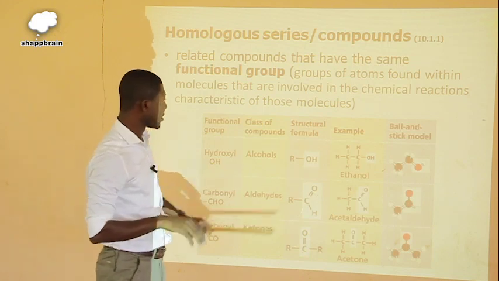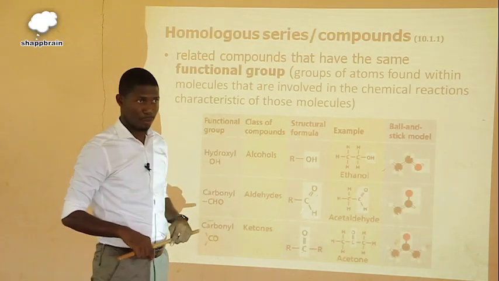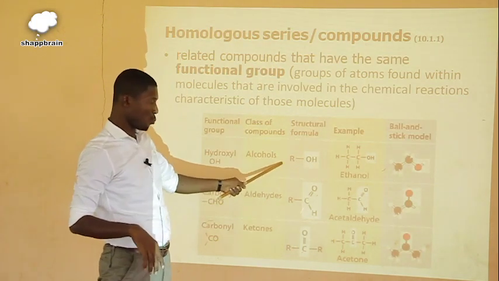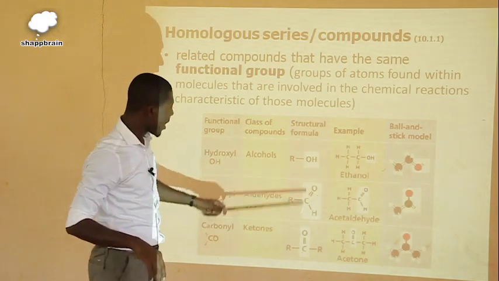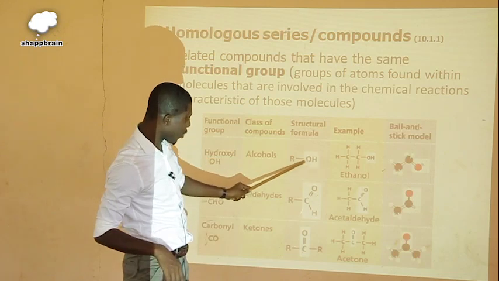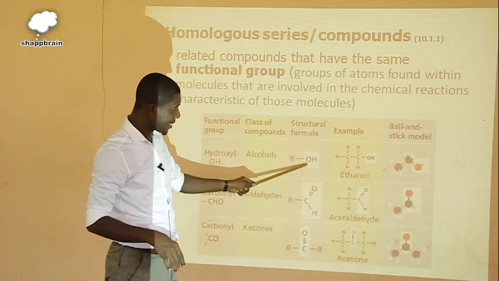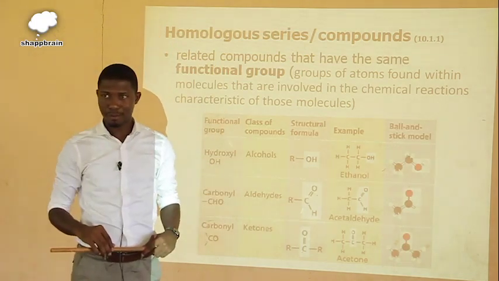And this is the structural formula. The R here represents an alkyl group. So if you have OH attached to an alkyl group, then that's considered an alcohol. The one in white is called the functional group. So it's the existence of the OH in the compound that makes it an alcohol.